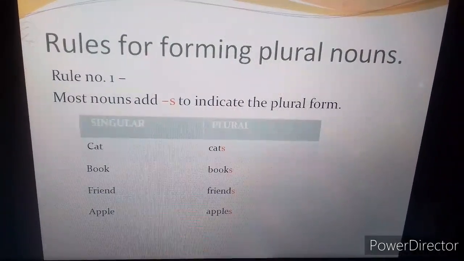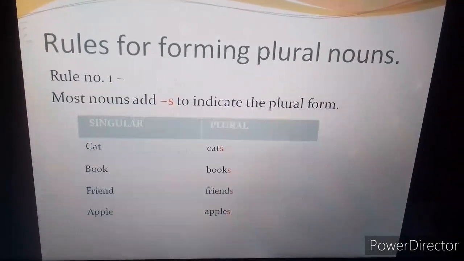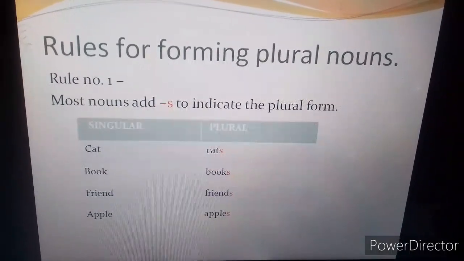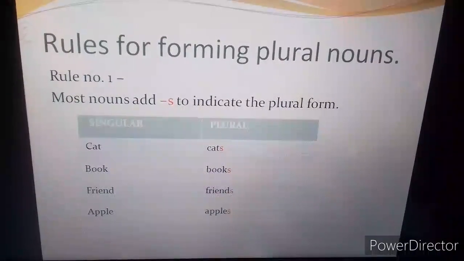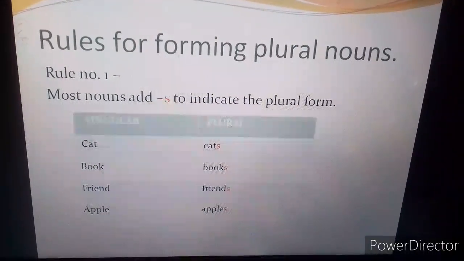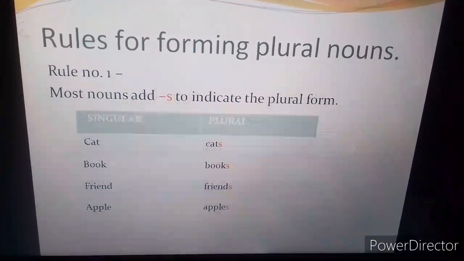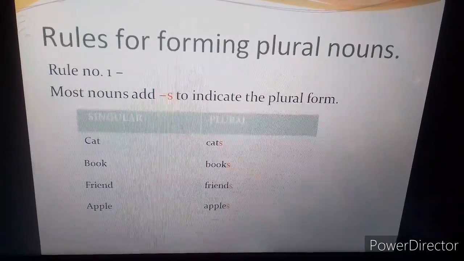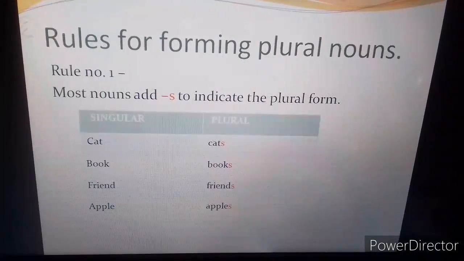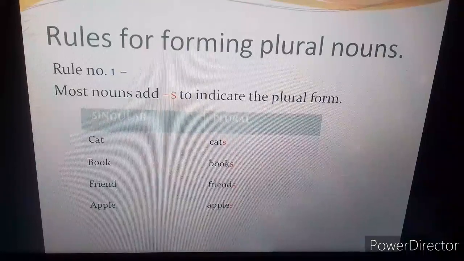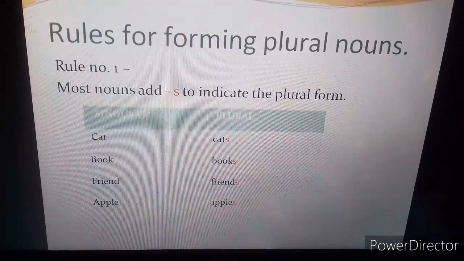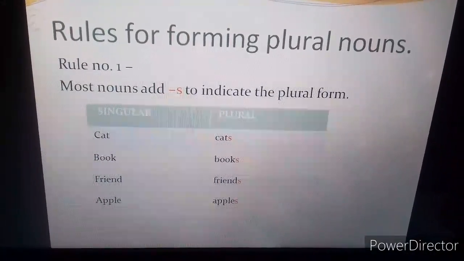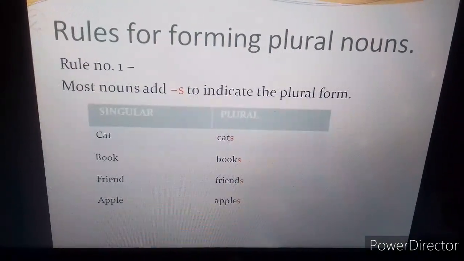A singular noun can be made into a plural noun by following certain rules. So we are going to read about each rule. First, let us see rule number 1. Rule number 1 says most nouns add s to indicate the plural form, which means some of the nouns can be made into their plural form by adding an s to the noun.